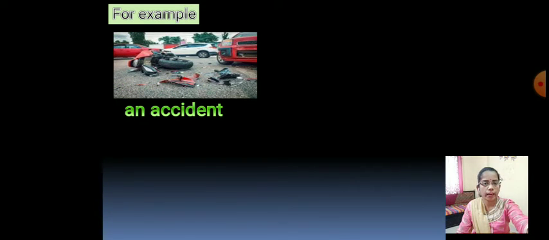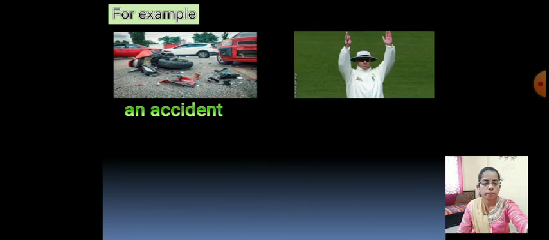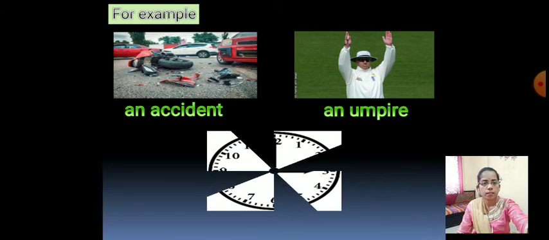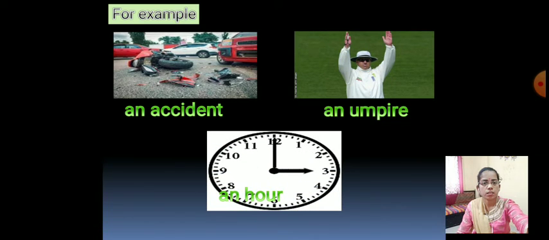A is a vowel, so we use an there. Second one, empire, E is also a vowel sound, so we use an. See, hour. H is silent here, so we use an before hour.